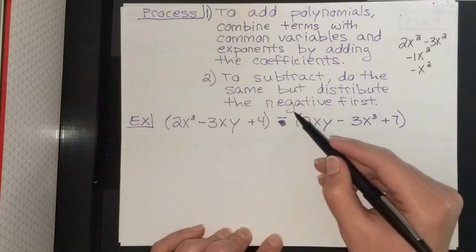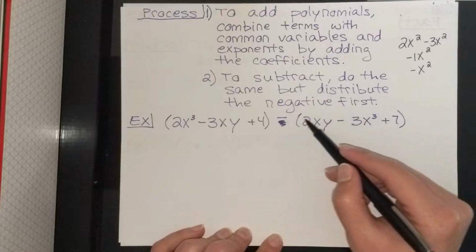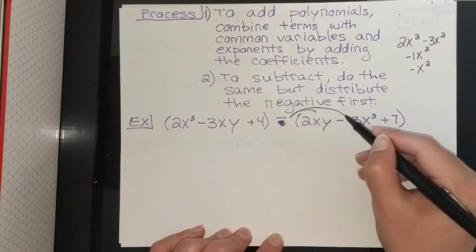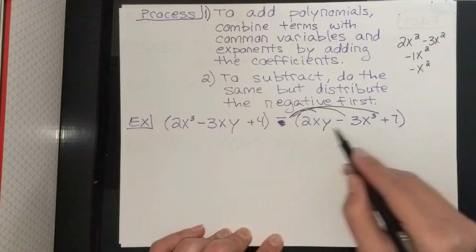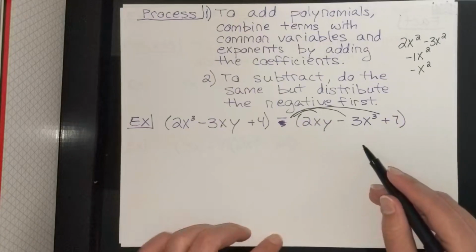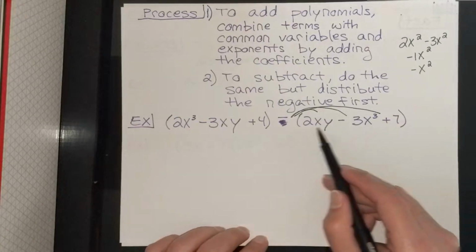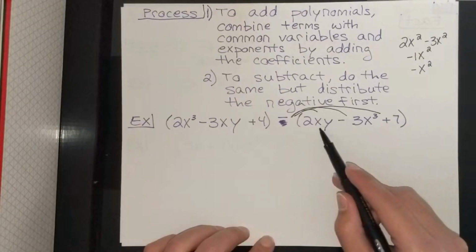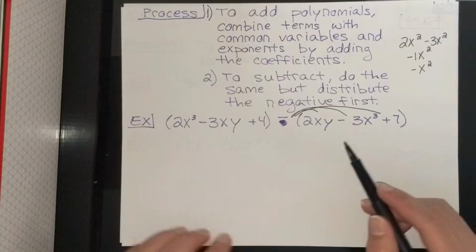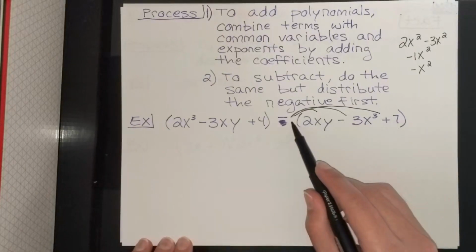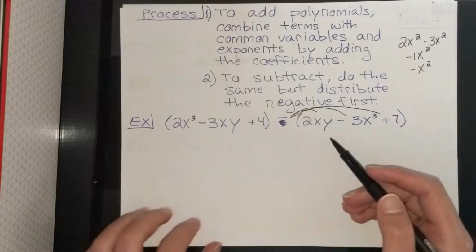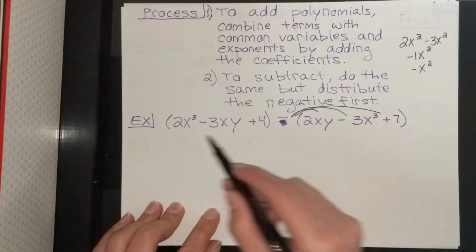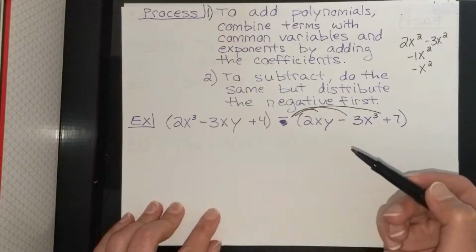We first need to start with realizing that we are subtracting these two polynomials, so we will distribute this negative to every term. Remember, a term means an entire value that's being multiplied. Once you see subtraction or addition, you're moving on to another term. So everything that's being added or subtracted, we distribute the negative to. In the first case, we can get rid of these parentheses because there's nothing in front of them to distribute.